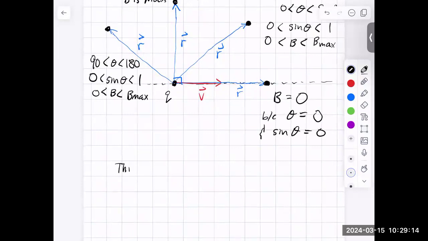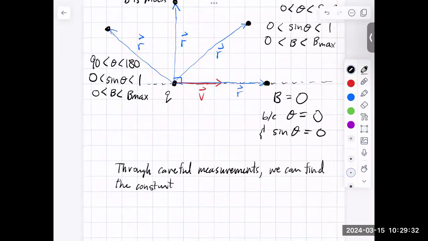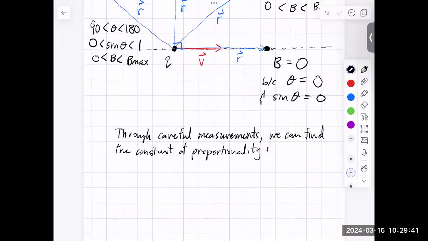And so through careful measurements, we can find the constant of proportionality, and the constant of proportionality is written as mu naught over 4 pi.